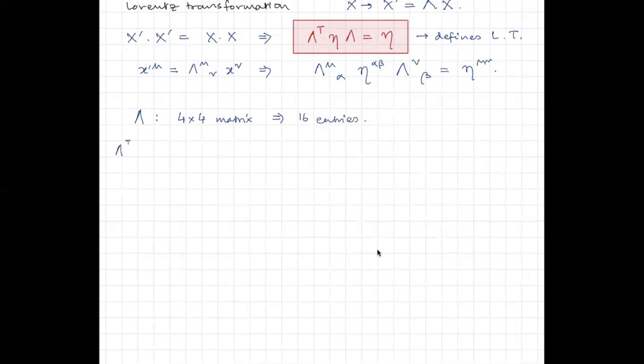Lambda transpose eta lambda equal to eta is a matrix equation which defines lambda.